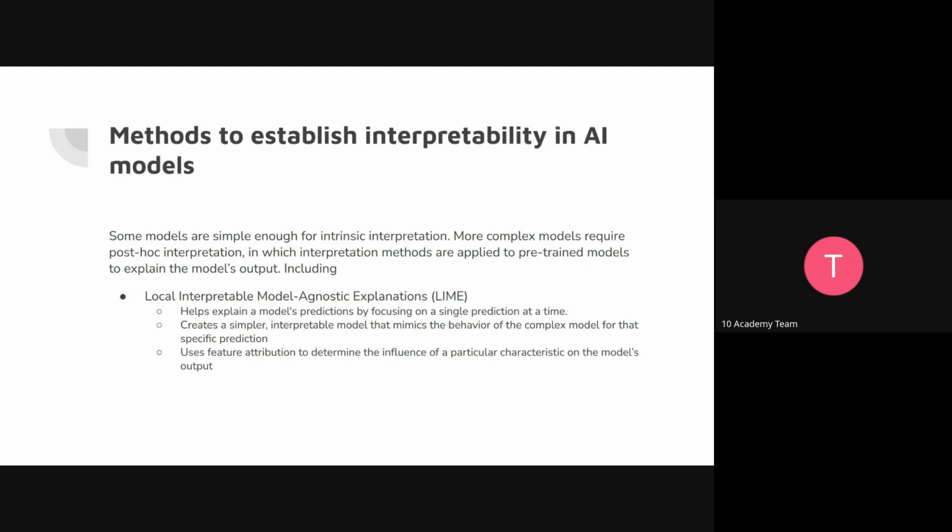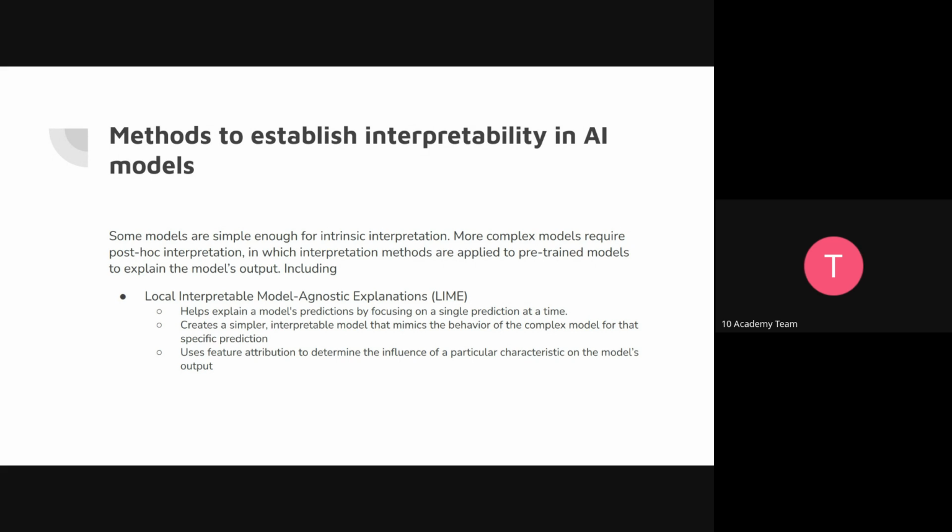For complex models, you can apply interpretation methods to understand how the models arrived at their output. There are tools that we mentioned before, like LIME and SHAP. LIME works on explaining a single prediction at a time.